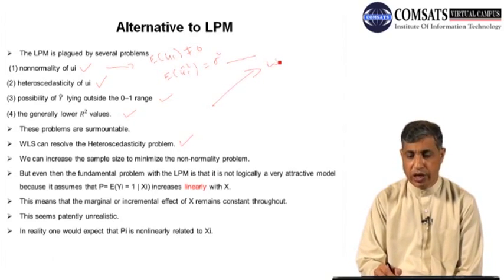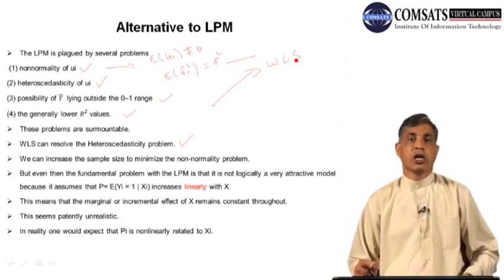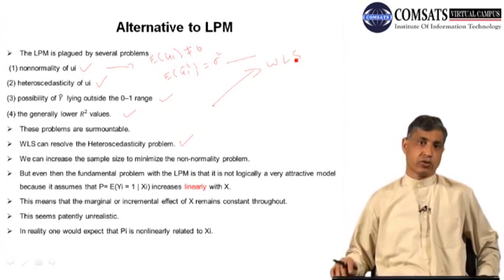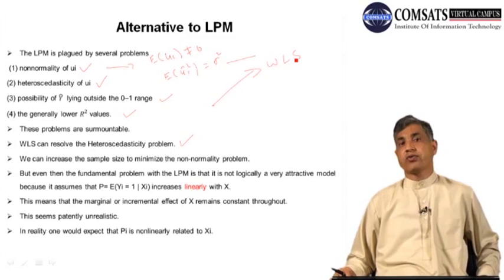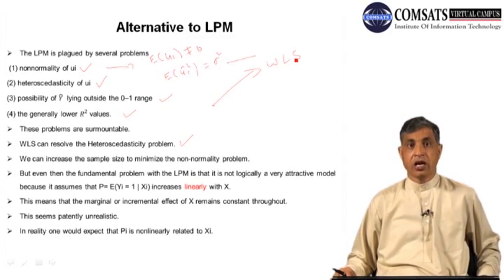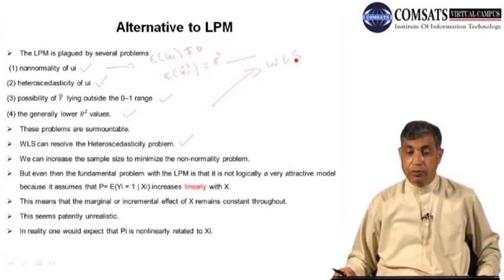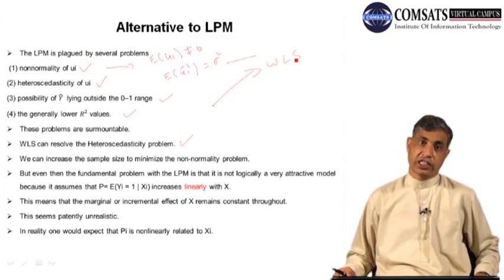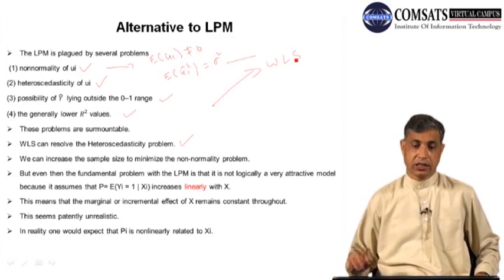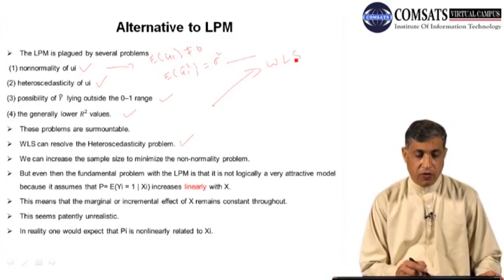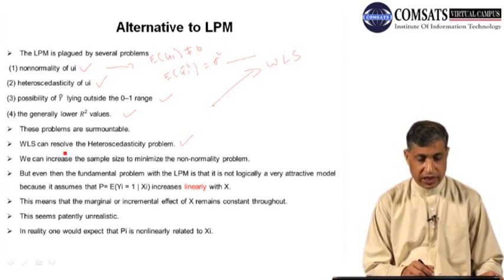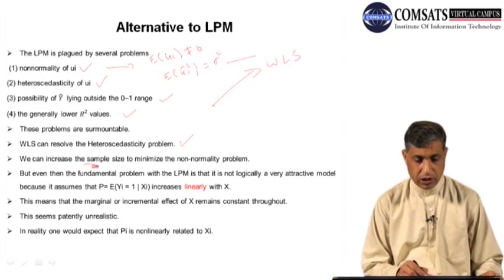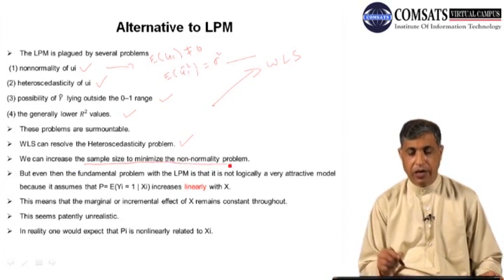Immediately apply the WLS, weighted least square. If you remember, in the case of heteroscedasticity, when we were showing the remedial measures, we came to know that WLS, the weighted least square estimate or method, has the potential to address this issue. We can increase the sample size to minimize the non-normality problem.